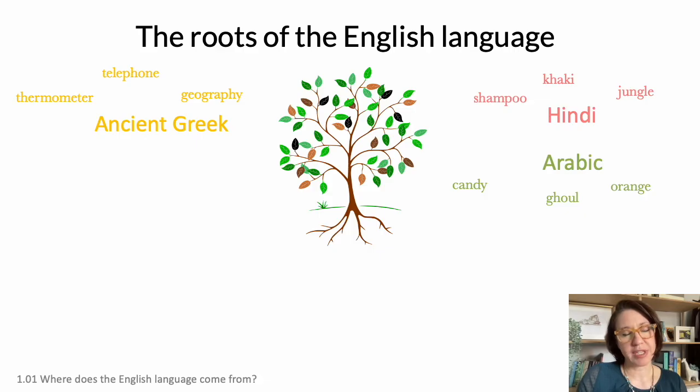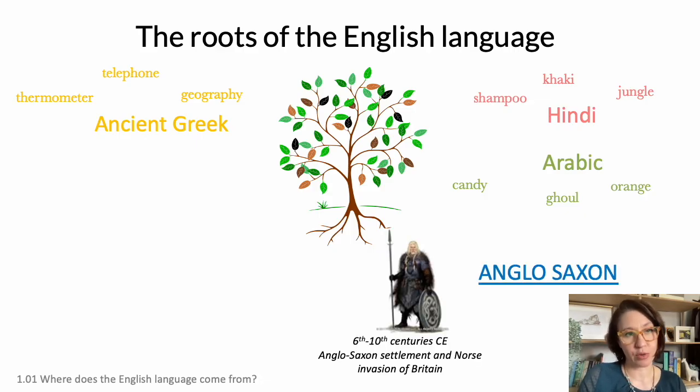But the majority of the vocabulary in the English language comes from two other sources that we've mentioned. Anglo-Saxon, so the language spoken by the folks who moved in when the Romans moved out in the 5th to 6th centuries. And these guys came from Germany, they came from Denmark, they came from Scandinavia.